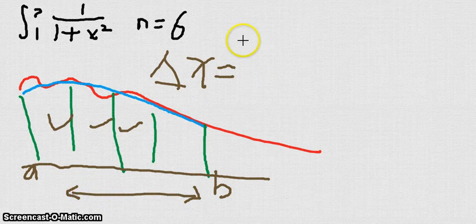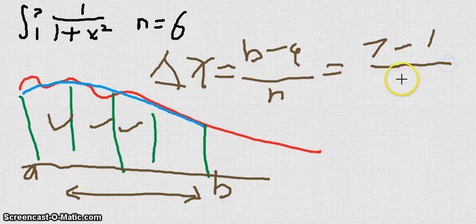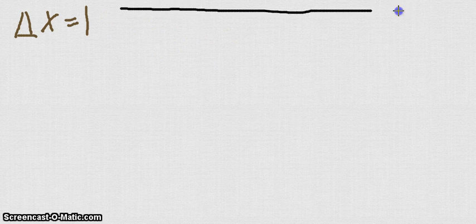To find the width of the strips, we take b minus a over the n value, which will be 7 minus 1 over 6, and the answer is 1. After finding the delta x, which is 1, we need to draw a table.